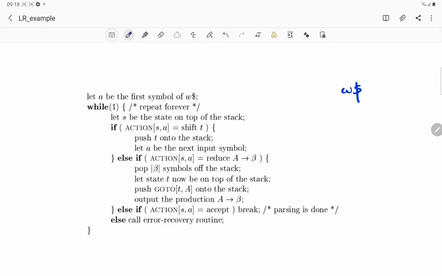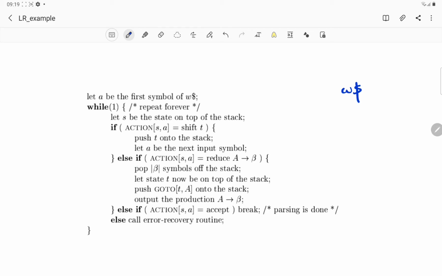Then, while 1, that is repeat: let S be the state on top of the stack. If action of S comma A is equal to shift T, push T onto the stack and let A be the next input symbol.